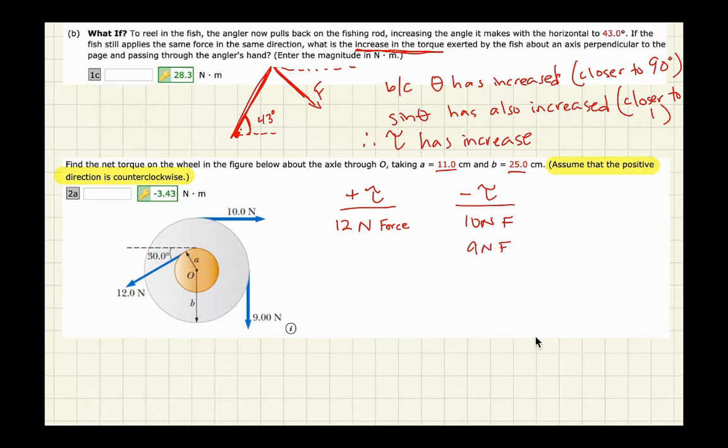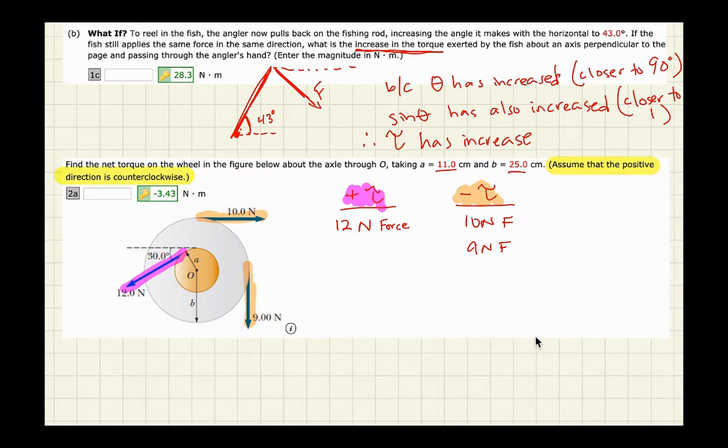In other words, these two forces are causing my wheel to turn clockwise, which is the negative direction. And this force is causing my wheel to turn counterclockwise, which is the positive direction.